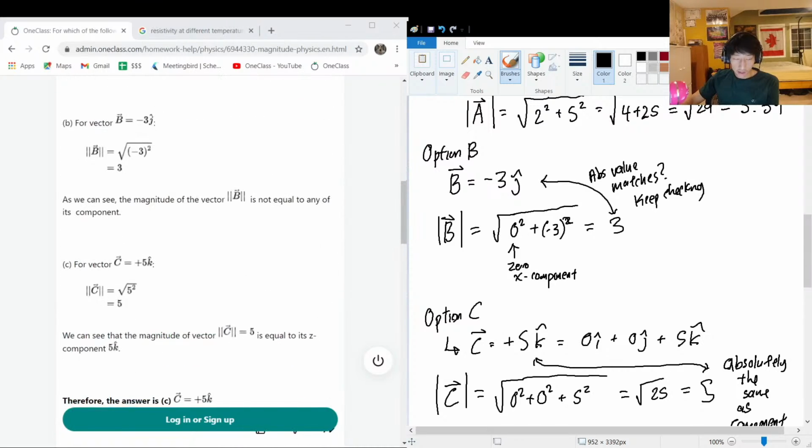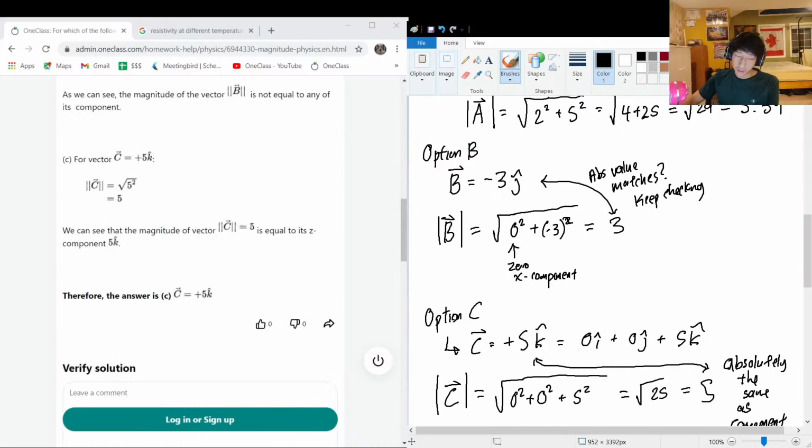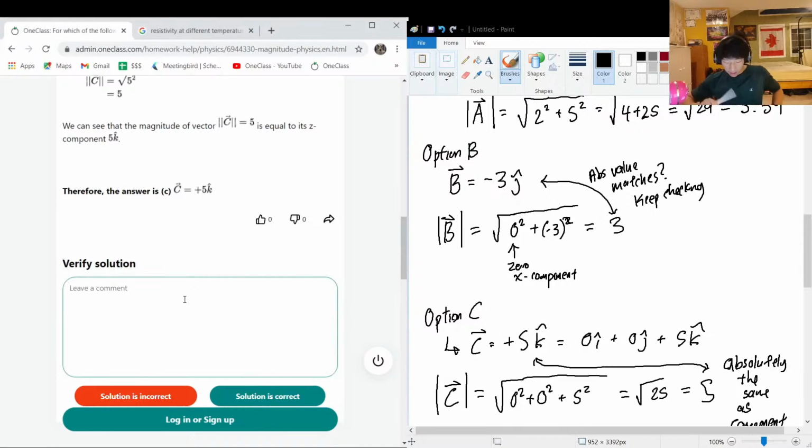They got 3, 5, and it's not equal, but you could argue. Yeah, so the answer is C. So yeah, the above solution is good.